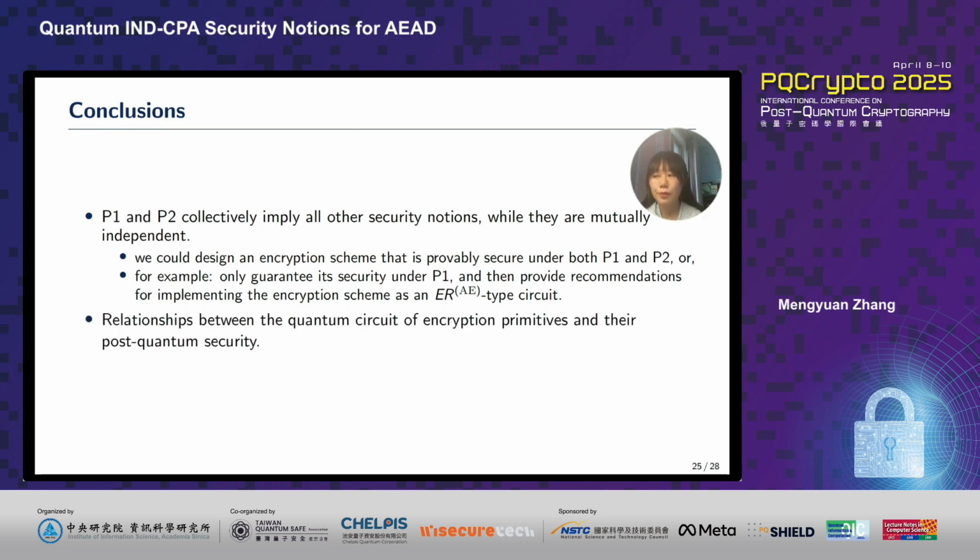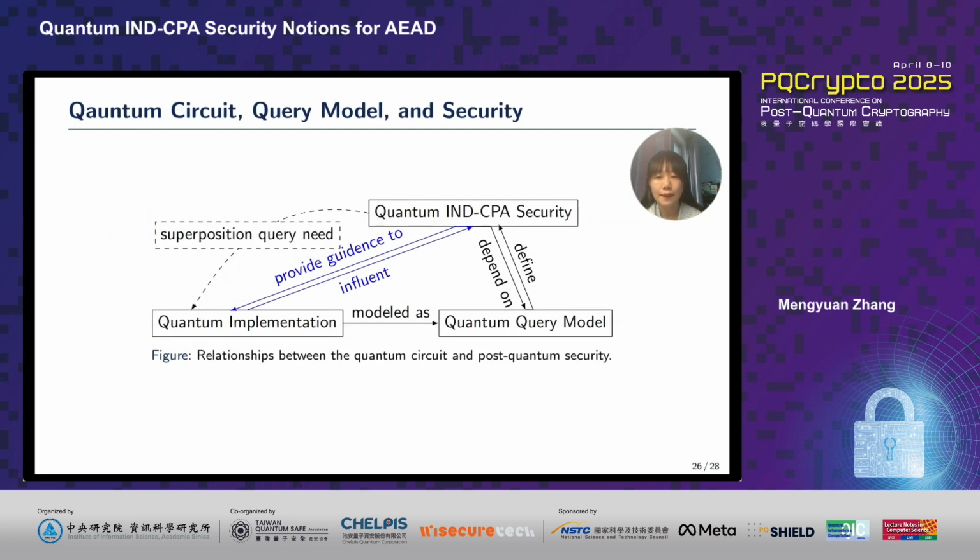And our results also reveal the relationship between the quantum circuit of encryption primitives and their post-quantum security. And there is a figure of their relationships.